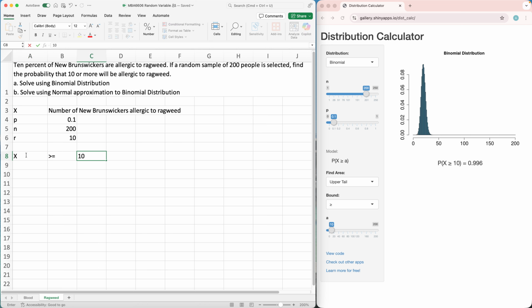How do we calculate it? We want to calculate the probability of x greater than or equal to 10.